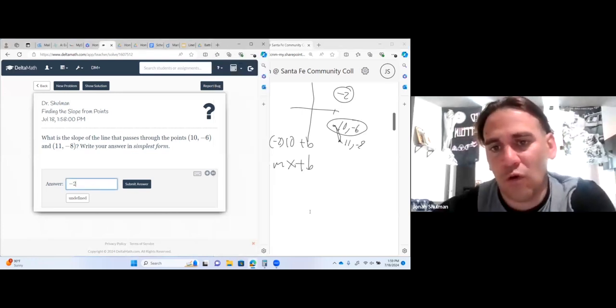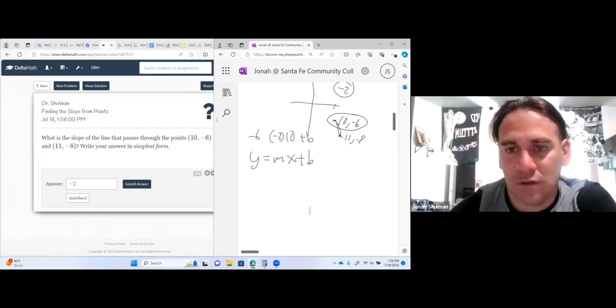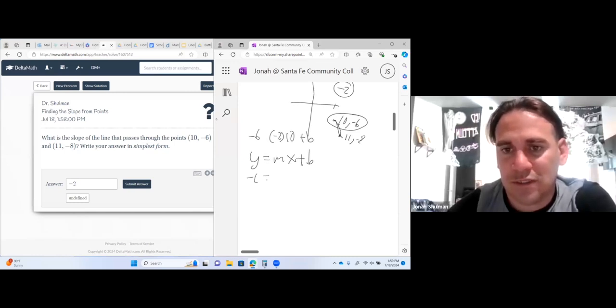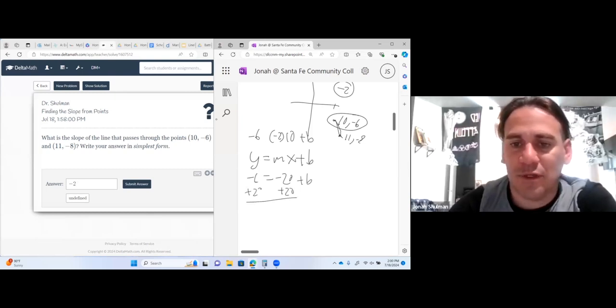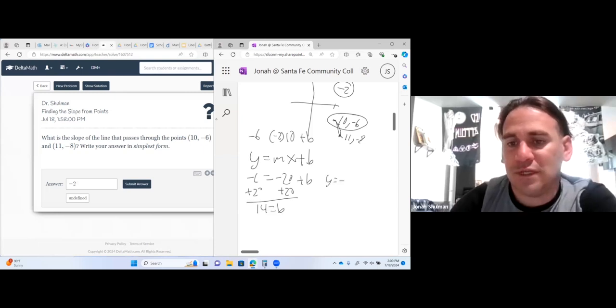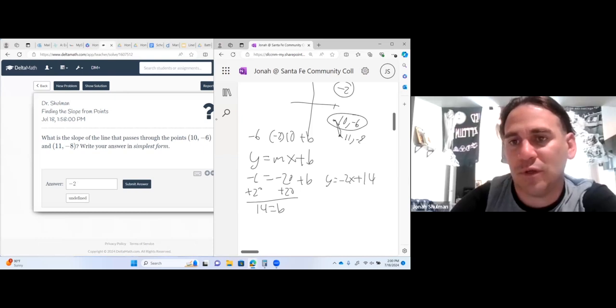I'll give you the whole thing. So we have -6 equals -20 plus b. We add 20 to both sides, and the algebra happened. 14 equals b. Y equals -2x plus 14. And if you look at it, it should hit all the way up here and continue this line.